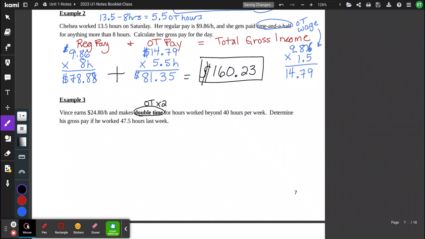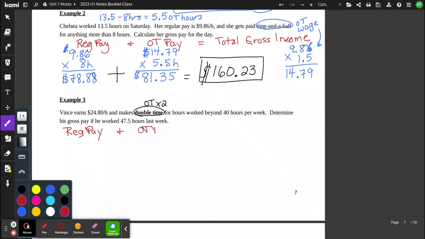Okay, so we're going to do exactly what we did on the question above. We're going to figure out the regular pay plus the overtime pay to equal the gross.